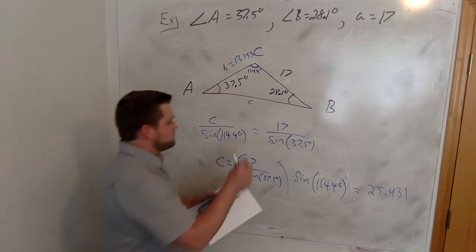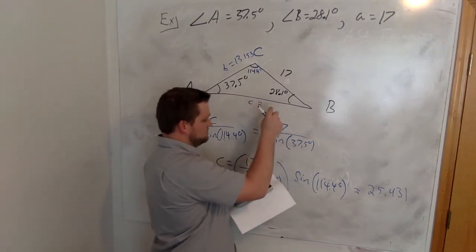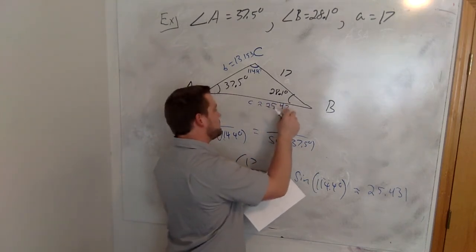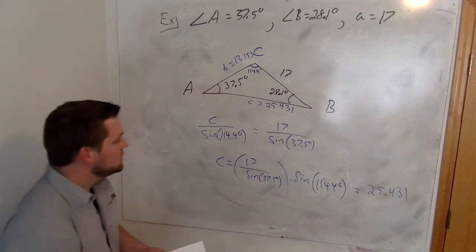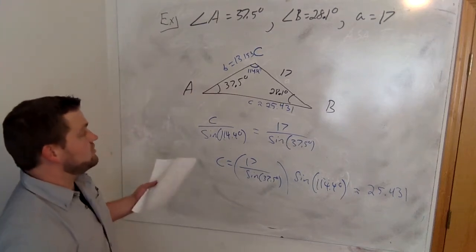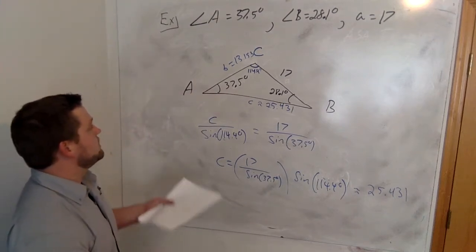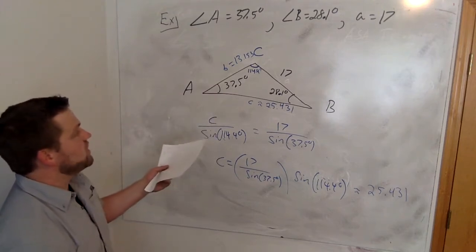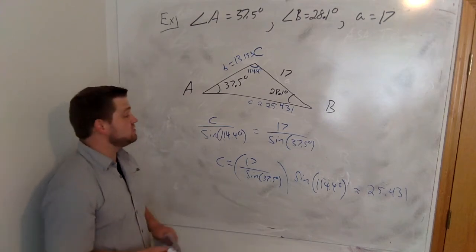And there we have it. Beautiful. Just for fun, we're actually finished. This is the entire problem. We were given 2 angles and a side, and we found the other 2 sides and the other angle. So we've completed this triangle.